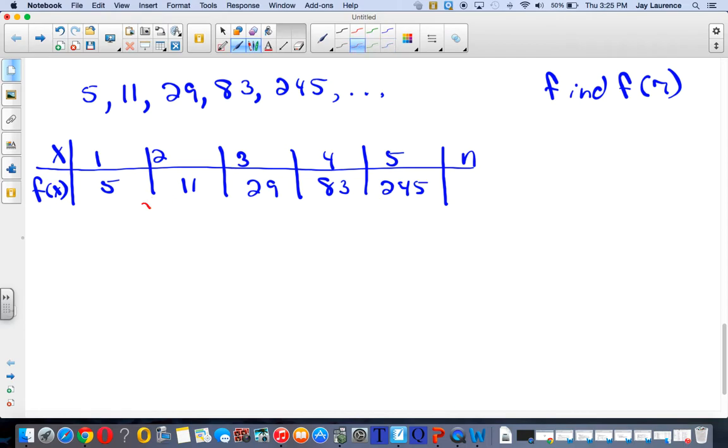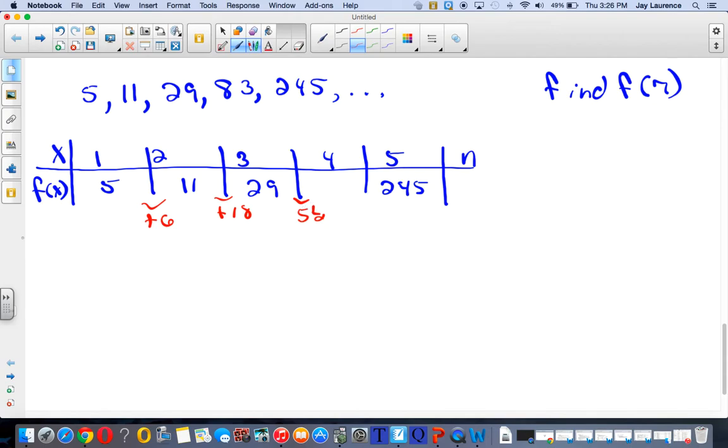All right, so we'll add 6, finding the first differences. Then we're going to add 18. And then 83 minus 30 would be 53. That's going to be 52. Oh, there might be a mistake in this one. 18 times 3, 54. It's supposed to be 54 there, so I'm going to change this number here.